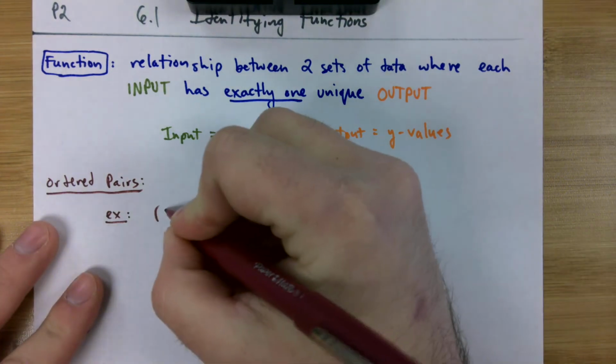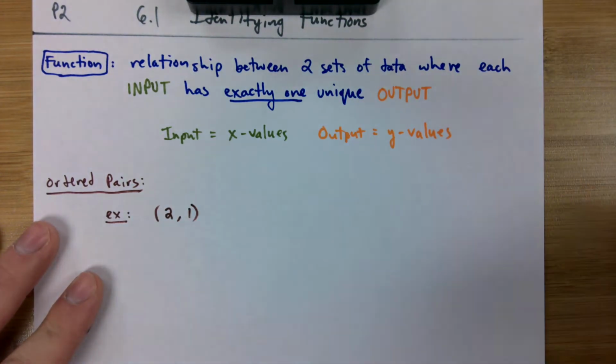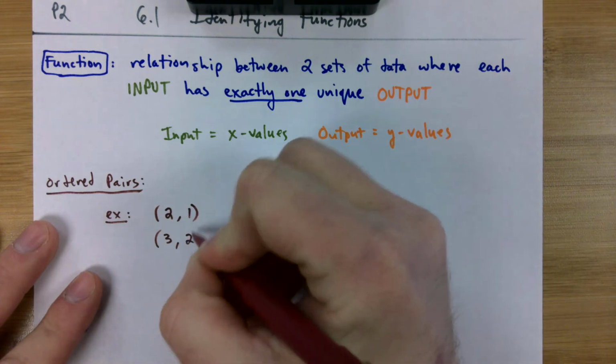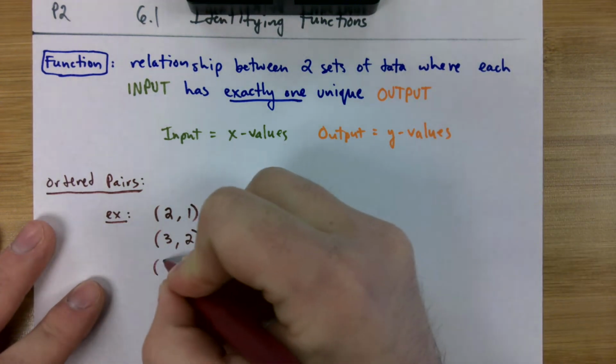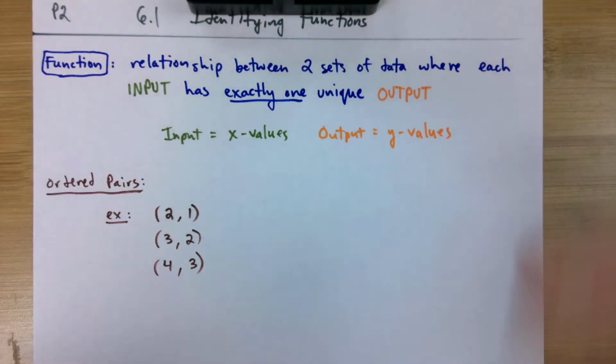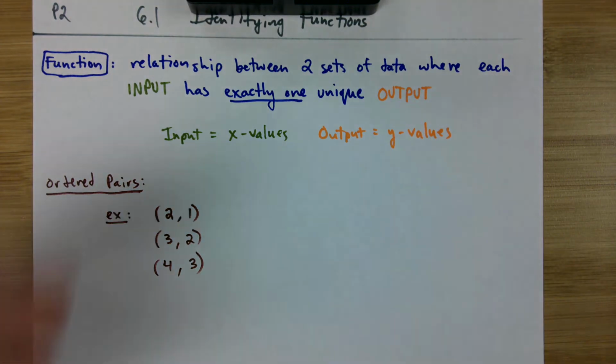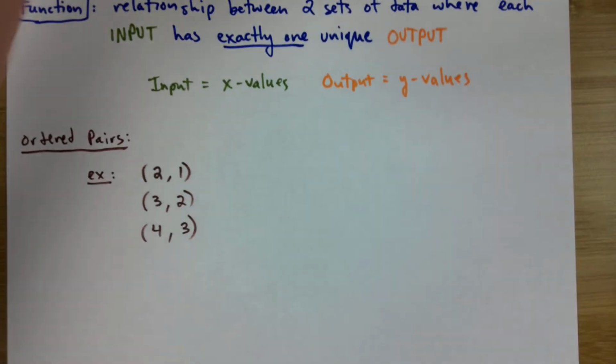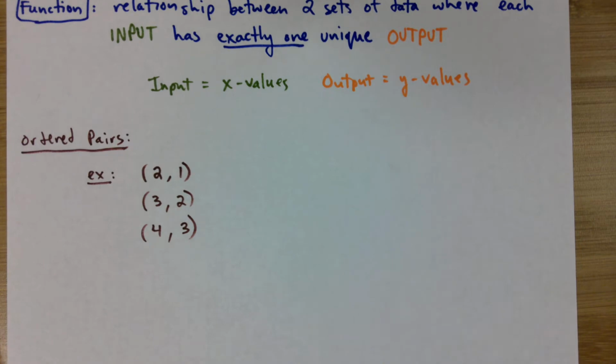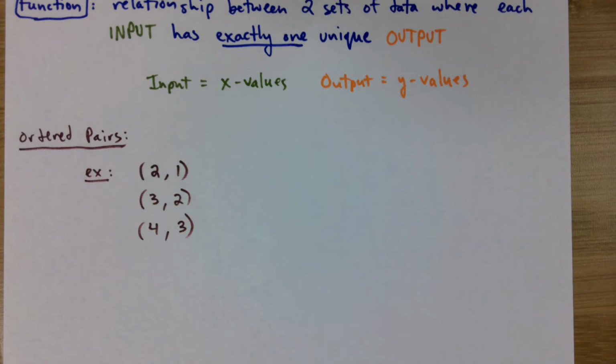So if we have the ordered pairs 2, 1, 3, 2, and 4, 3. Essentially what we're looking for here is a repeated x value that has a different y value.